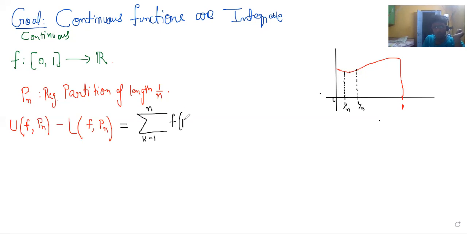So maximum I will denote by this. I will have to multiply this with the length of the interval, right? I mean, I should do (k plus 1) by n minus k by n, but the difference is just 1 by n, right? The length of the interval, that rectangle.